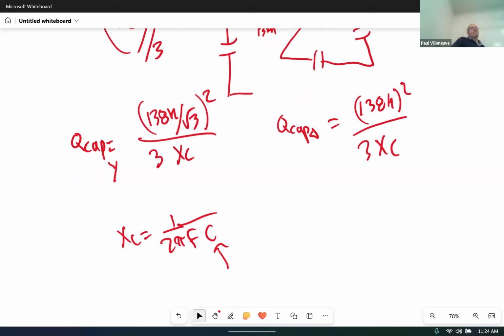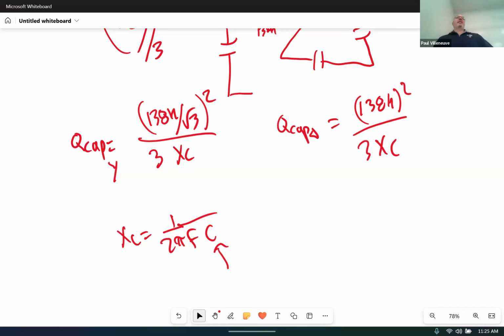Yes, sir. Say you didn't think about it being three phase, and someone had just the cap value, like 600, but you had to divide by three.